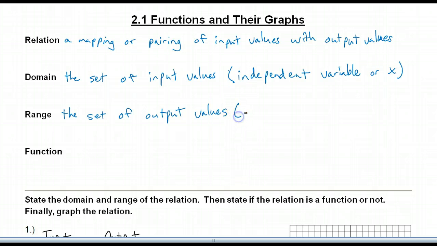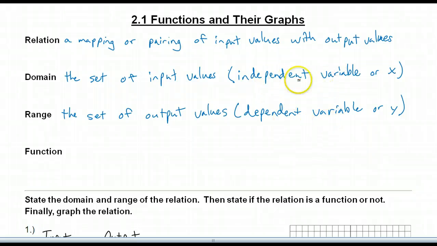It is also called the dependent variable, or Y. And that makes sense. The domain is the independent variable. The range is the dependent variable. Depending on what number this is, it's going to give us our range, our output value.